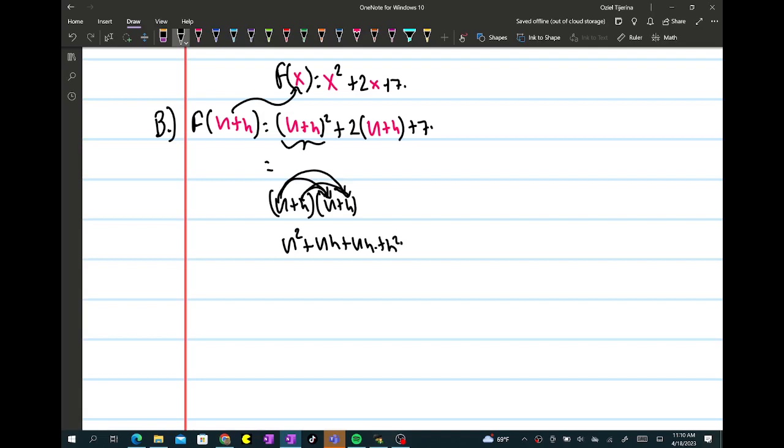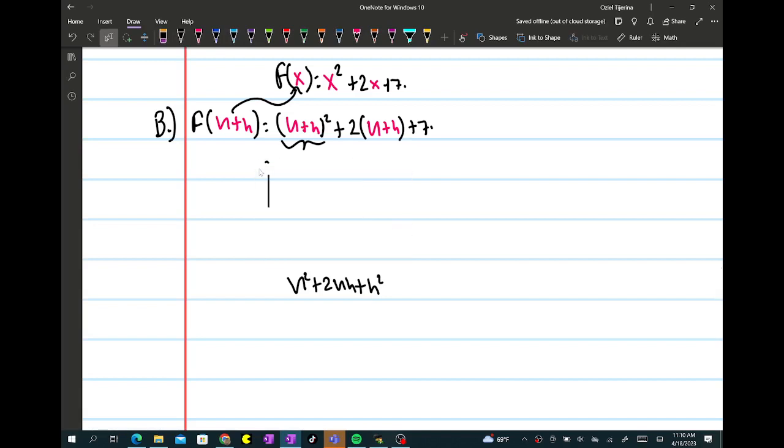So that's what this whole thing would be. And again, we would simplify it a little more. These two things here combine. So u squared plus 2uh plus h squared. So that is what u plus h quantity squared would be.